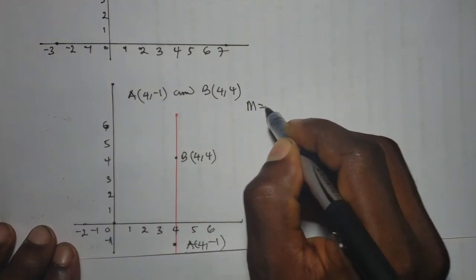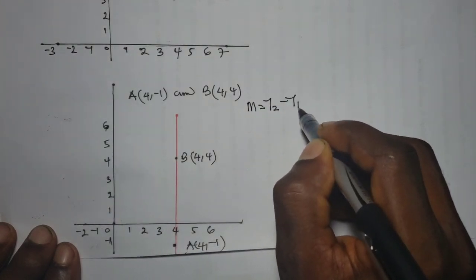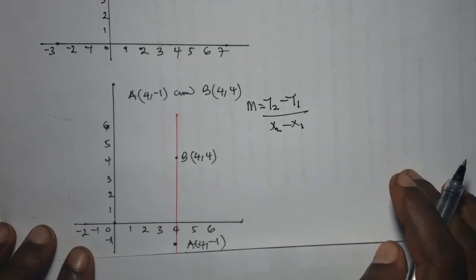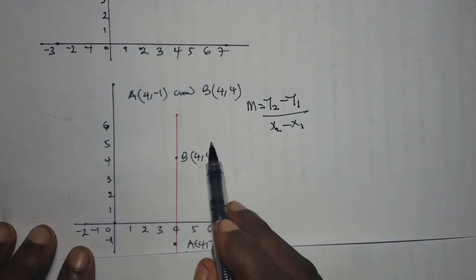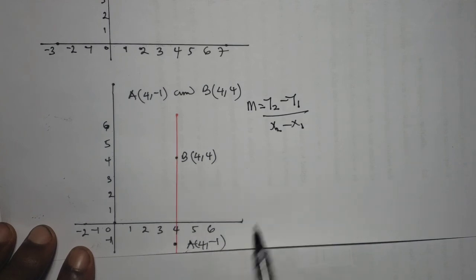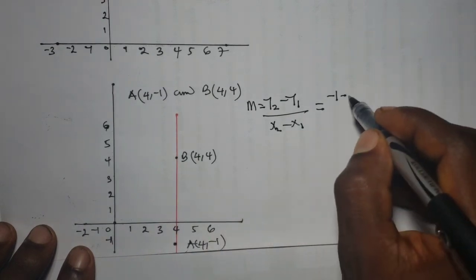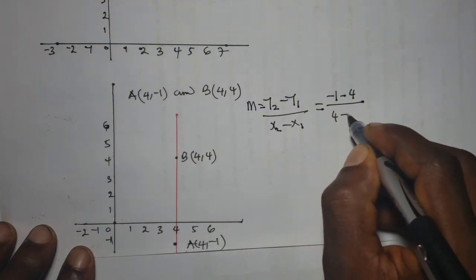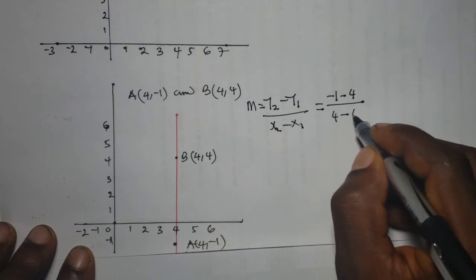So the slope m is y2 minus y1 over x2 minus what? Minus x1. So I want to take, this is x1 y1, x2 y2. So this gives me my y2 is minus 1 minus my y1 is 4, which is minus 5, all over my x2 is 4 minus my x1 is 4.